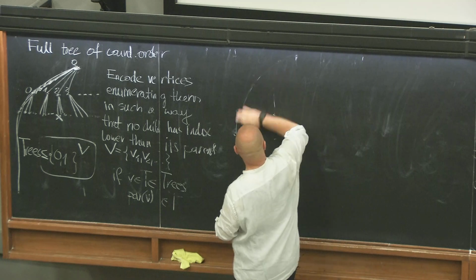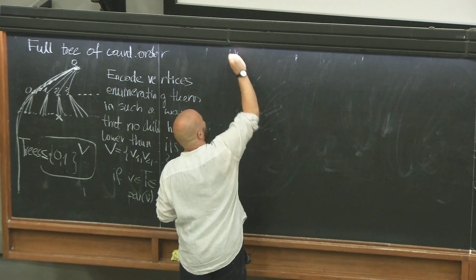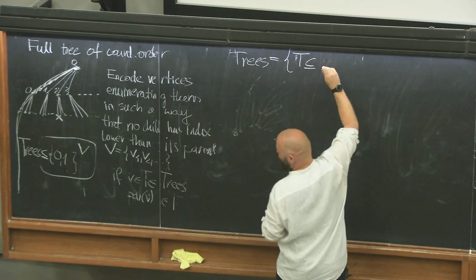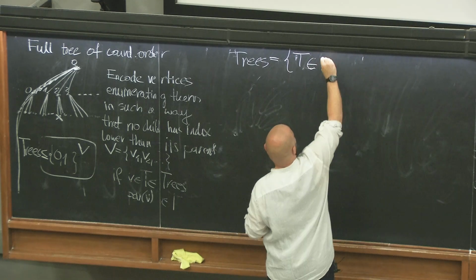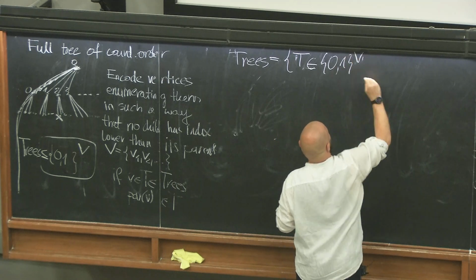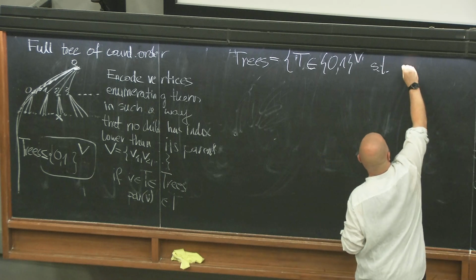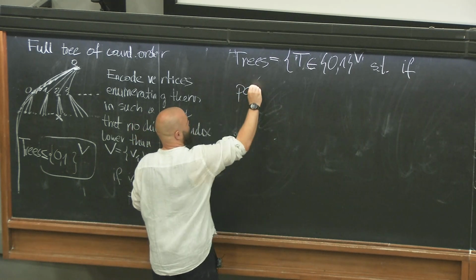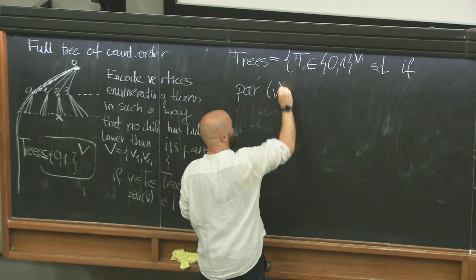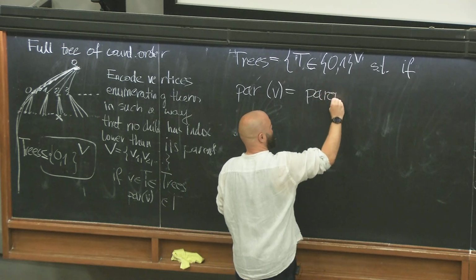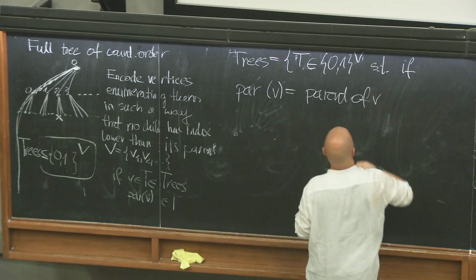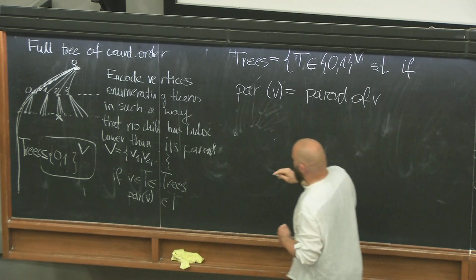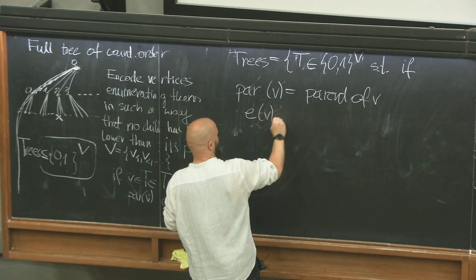Okay, you forced me to be formal. So trees is a set of these functions such that, please remember that par is a parent function, and I have my enumeration, right? E of V is the number.